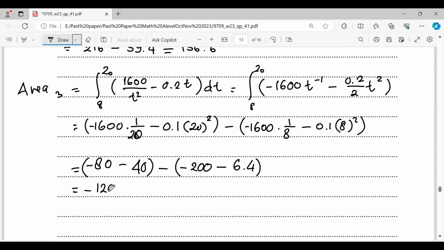Minus 120 minus, of course, this is 206.4, plus 206.4 is 86.4.